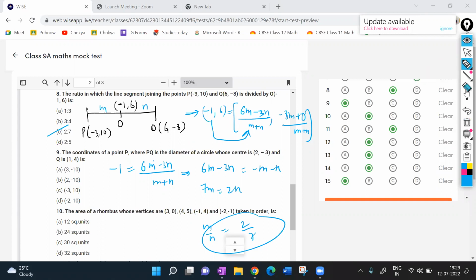Okay, got it. Anyway, we are just equating the x coordinate first and finding the m and n value. That's it. 2 is to 7 is the answer. You're right, Lalit.